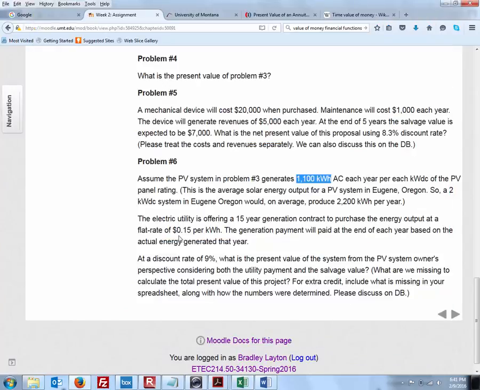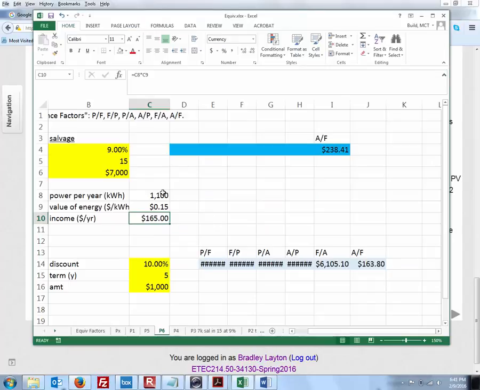Flat rate. Okay. So I'm just going to assume here that all of that energy you make goes right to the power company. You're not going to use any of it. What generation payment will be paid at the end of each year based on the actual energy produced that year? Well, it's very unlikely you're going to make exactly the same amount of electricity each year.